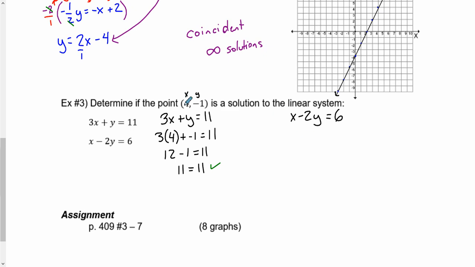Or if I plug this 4, negative 1 into the other equation, plug 4 in for x, negative 1 in for y. Let's see, 4, negative 2 times negative 1 is positive 2. Since 6 equals 6, we're all good, and it would be a solution.